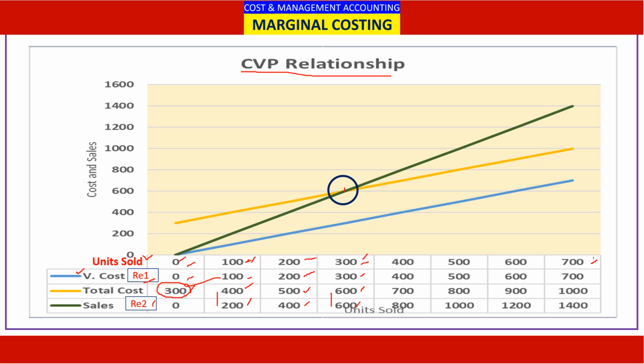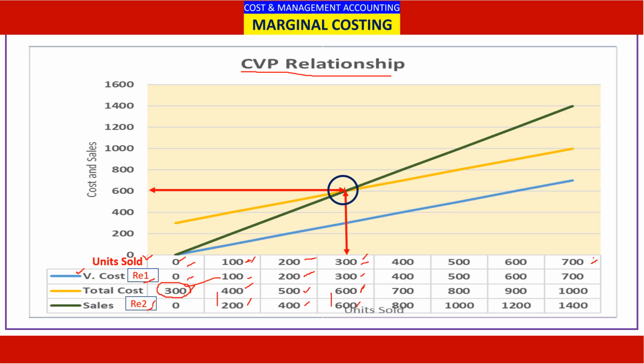We saw there is a point here at 300 units, my cost is 600, which is 300 rupees variable, 300 rupees fixed, total cost is 600, and I am selling at 2 rupees, 2 into 300 is 600. And this point where the company or the plant makes 0 profit and also 0 loss.